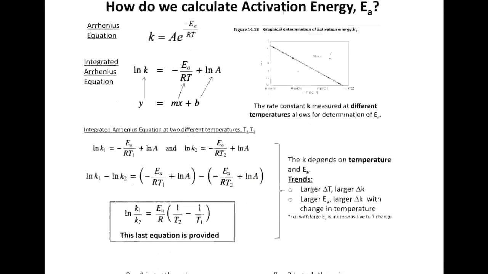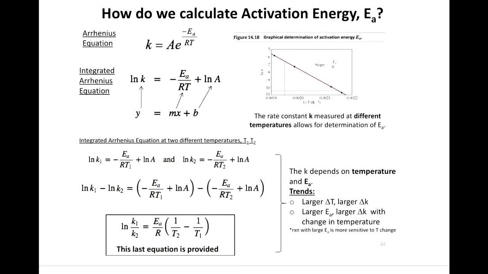All right, how do we calculate activation energy for a reaction? The best way to calculate activation energy is to use the Arrhenius equation. But we have a problem, right? The Arrhenius equation that I described earlier just describes the rate constant at one temperature given an activation energy.